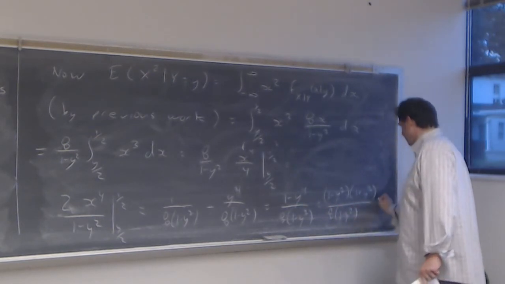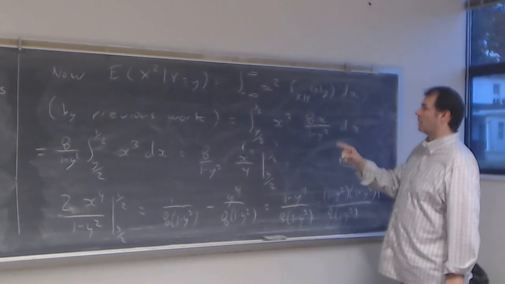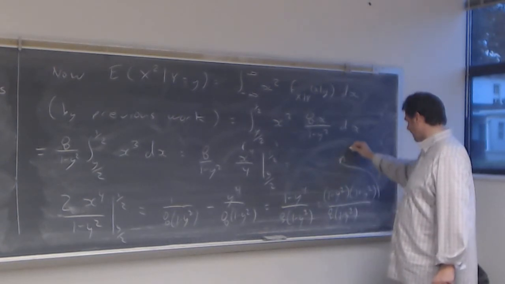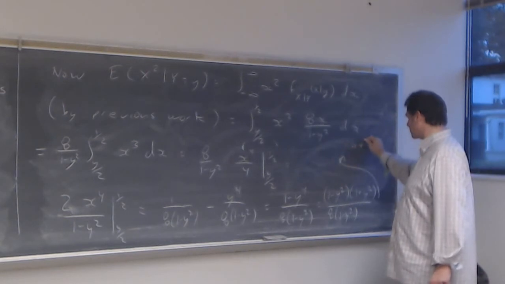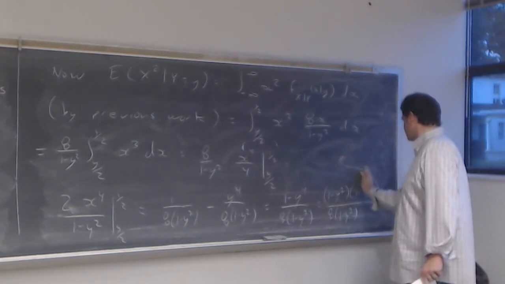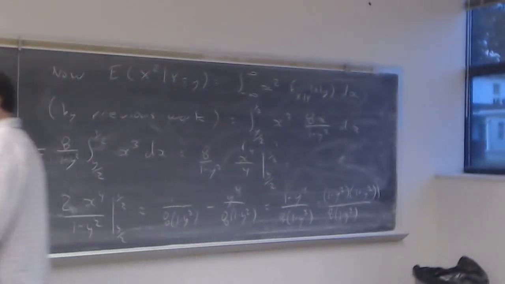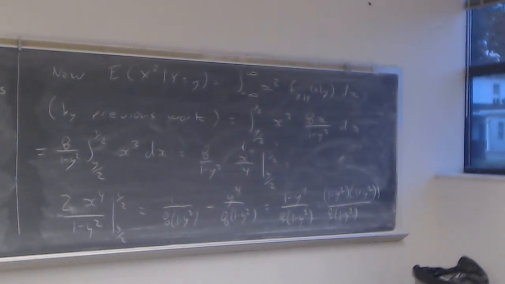And so our final answer, for the first part of the formula for the conditional variance, is going to be 1 plus y squared. You see, cancellations will happen. So here's what I get.